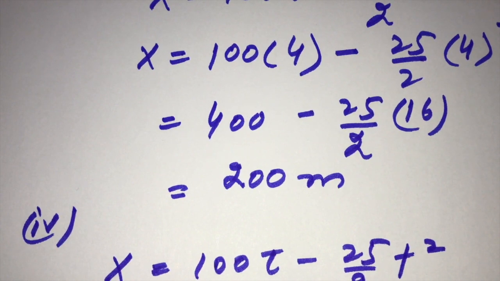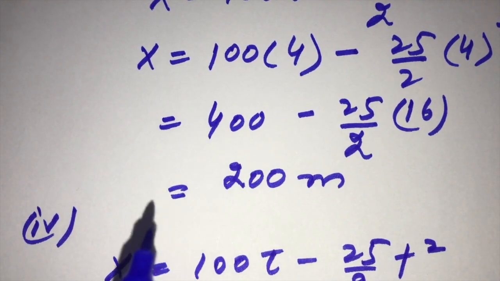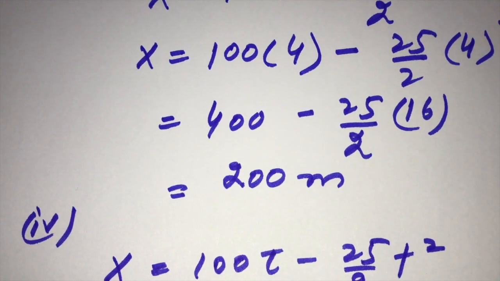In order to find the velocity with which the missile strikes the ground, first we find the time from this equation and then put it in the velocity equation, which is dx by dt, as we found earlier. So put x, our displacement, equal to 0, because the missile ends up at the same point it started from, so the displacement is 0.